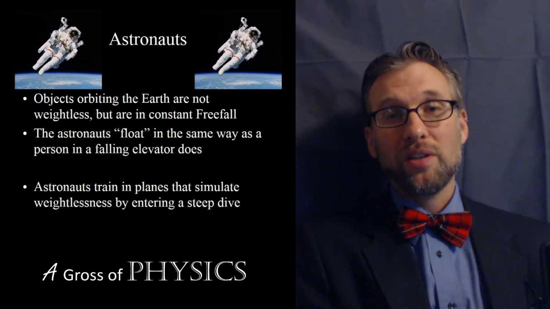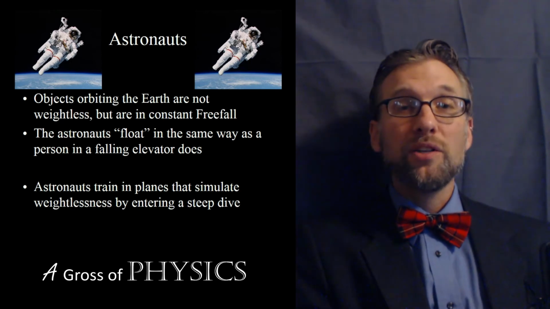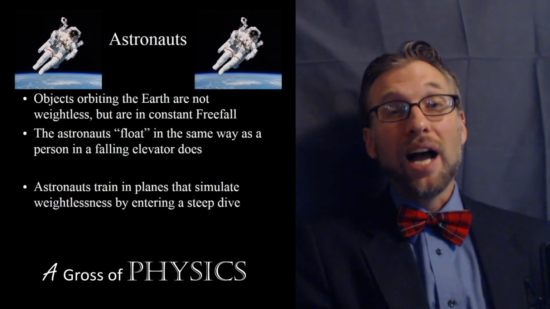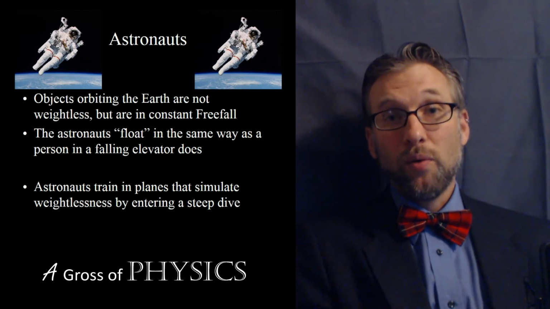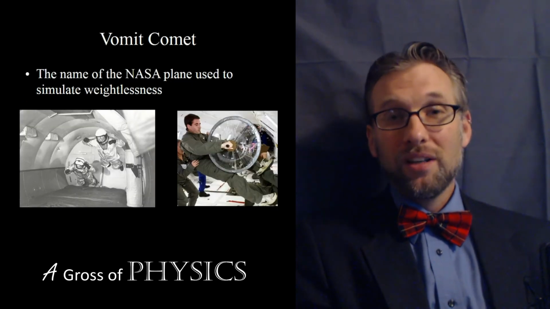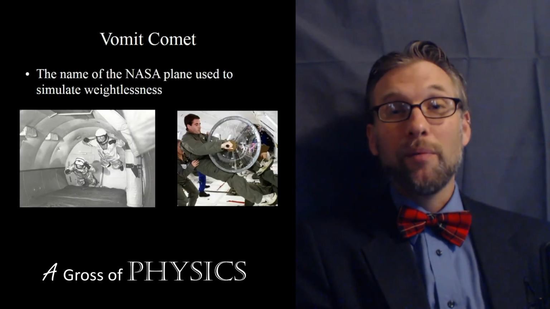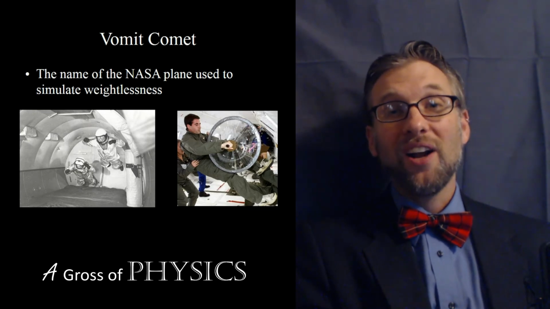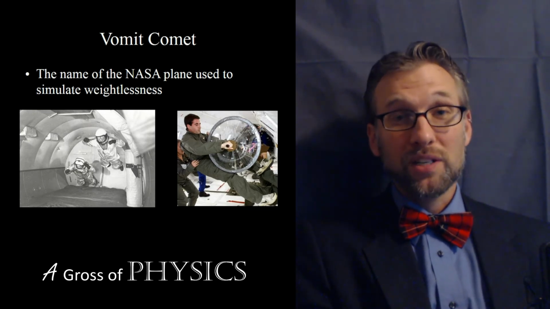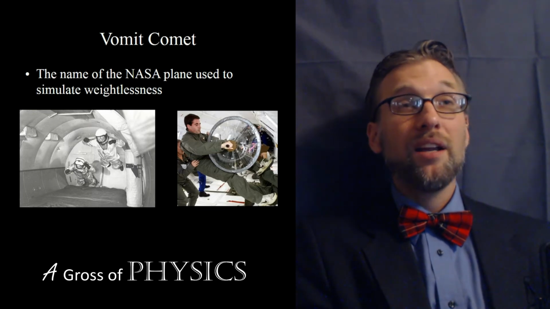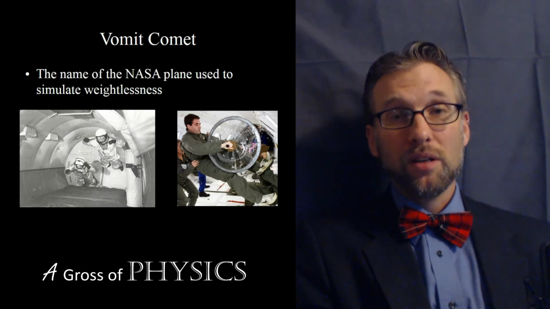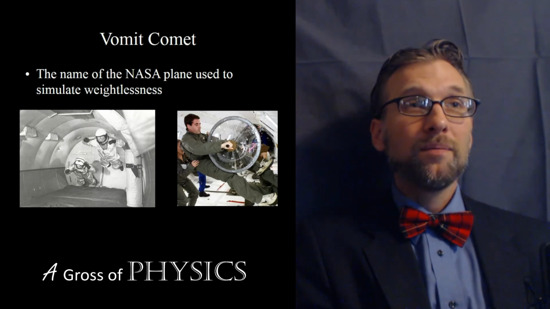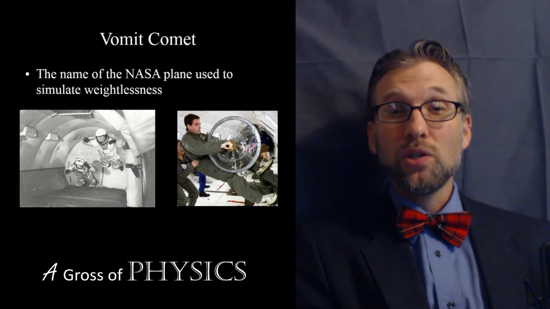Often, the training exercises for astronauts are to go up into a big airplane and then dive toward the Earth to simulate weightlessness. This is called, anecdotally, the vomit comet, because most people become sick when they're riding on this for the first time. So astronauts train near the Earth's surface for this apparent weightlessness in space because of the effects on their body. They have to get used to it.